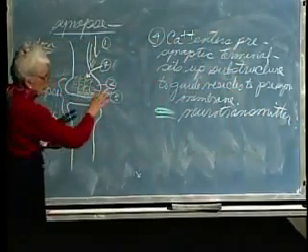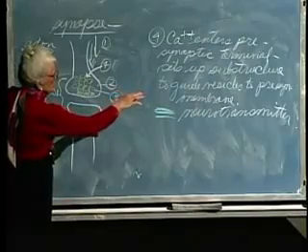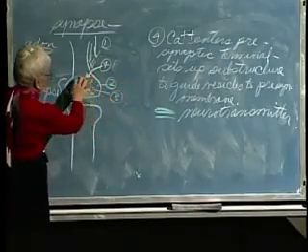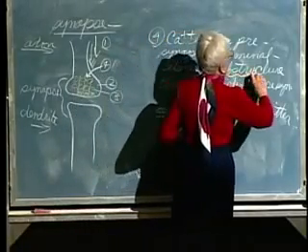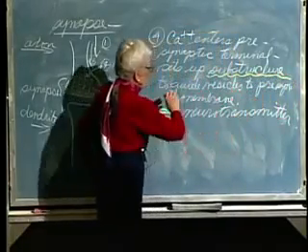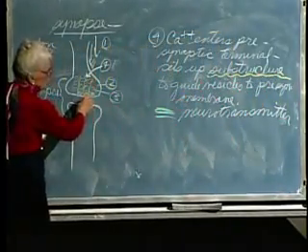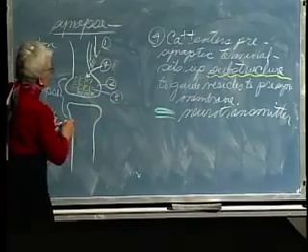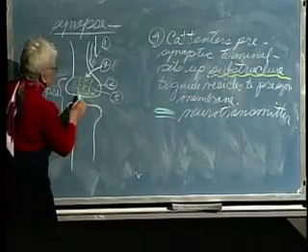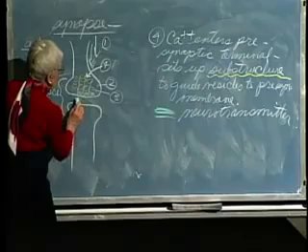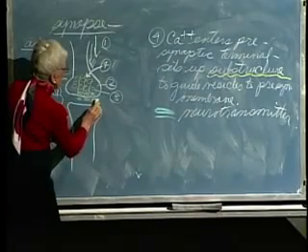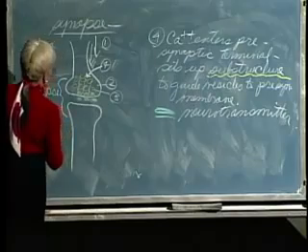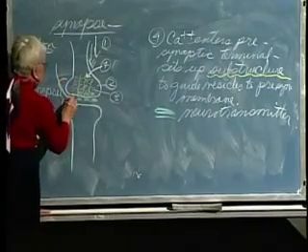So calcium enters, sets up the substructure to guide the vesicles to the presynaptic membrane, to release the neurotransmitter. They open up and put the neurotransmitter in the synaptic cleft. This is my synaptic cleft.